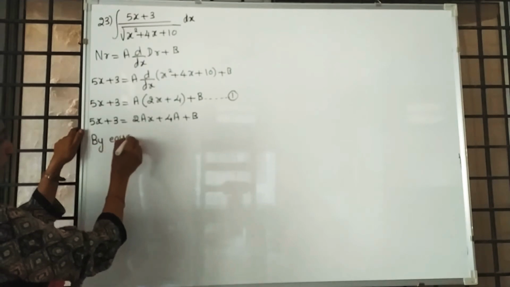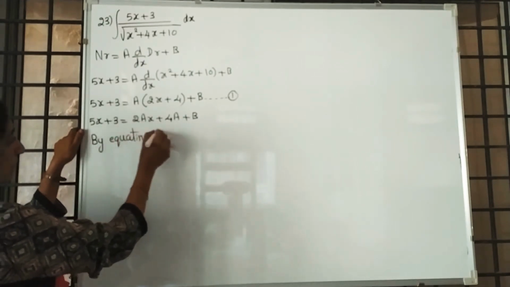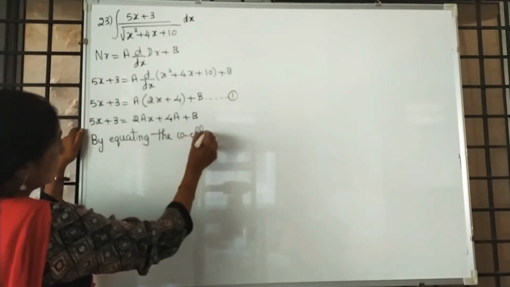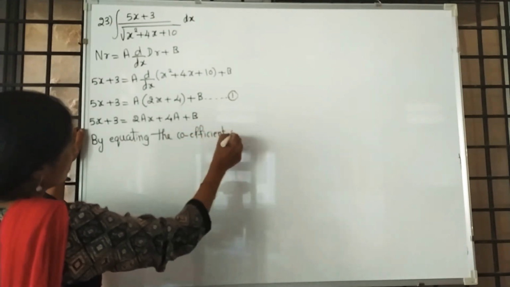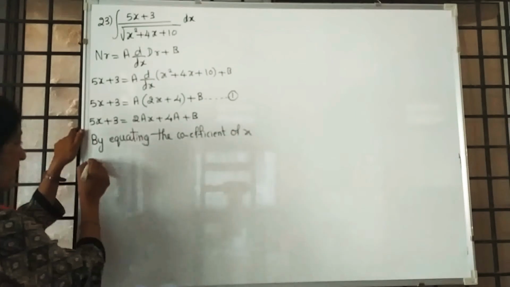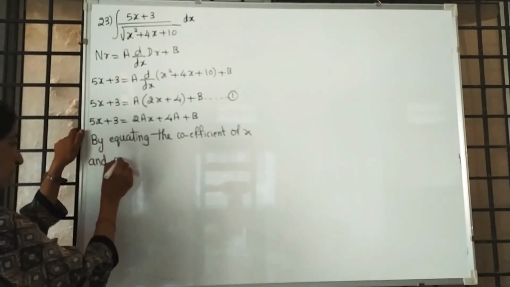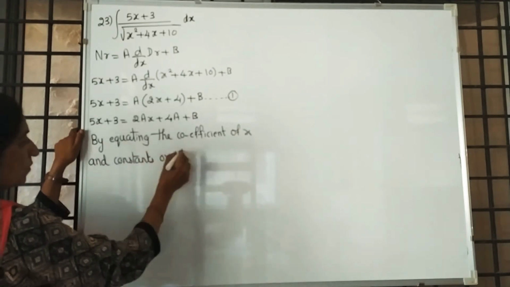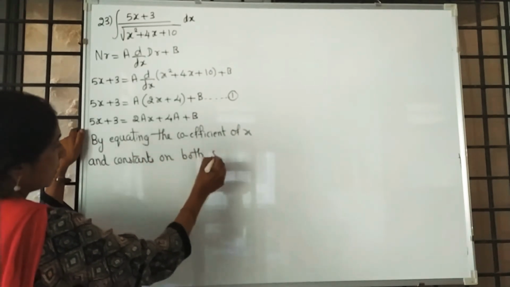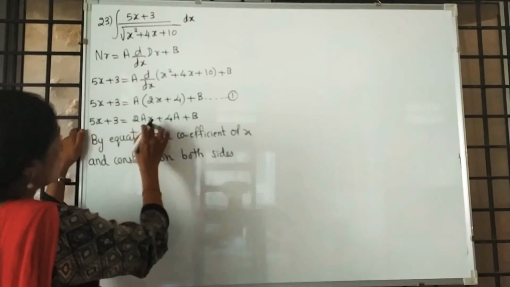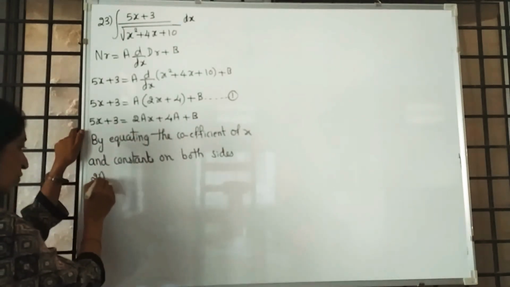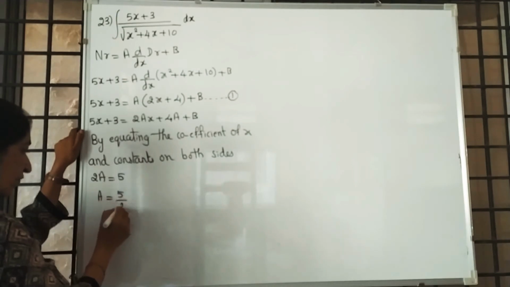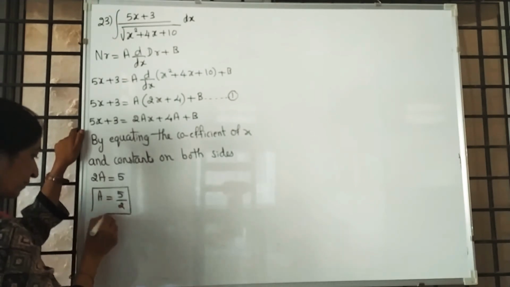By equating the coefficients of x and constants on both the sides. Here the coefficient of x is 2a equal to 5. a is 5 upon 2.